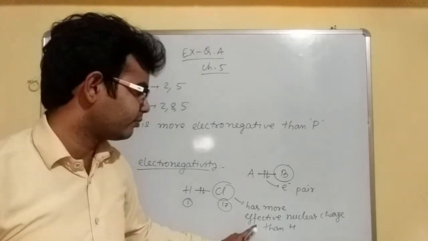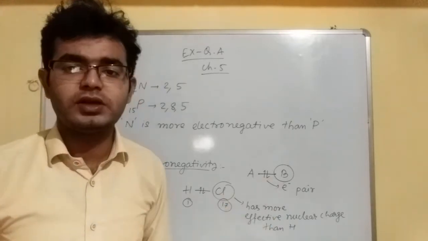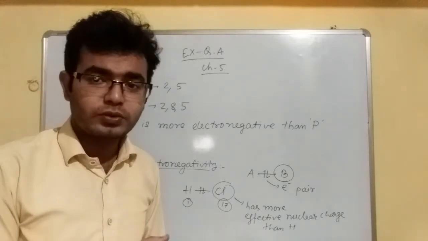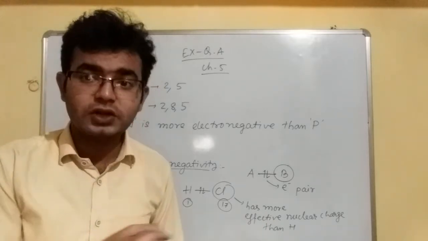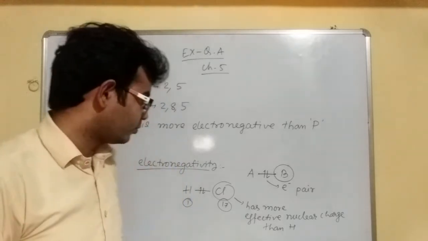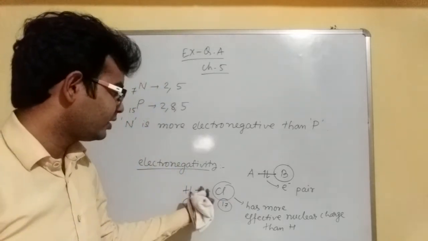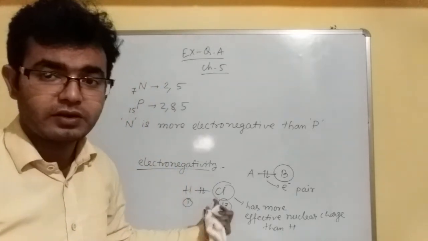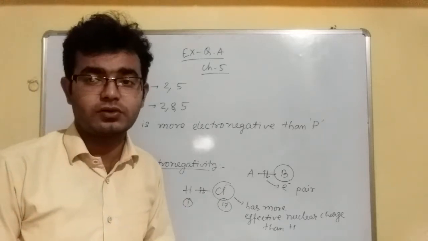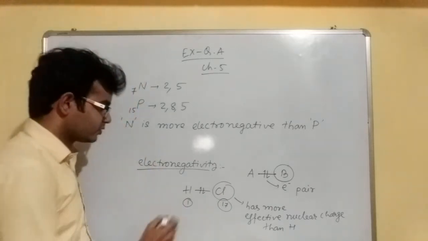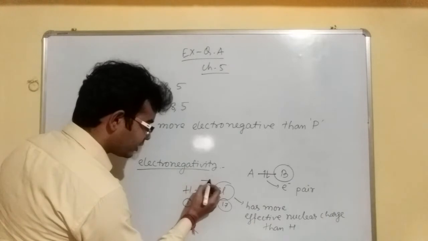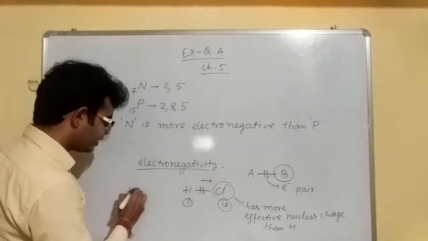As a result, it has a more effective nuclear charge and more power to pull the electron towards itself. So what will chlorine do? It will pull the electron pair shared between hydrogen and chlorine towards itself. It will be like this.